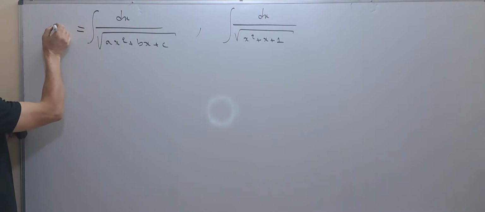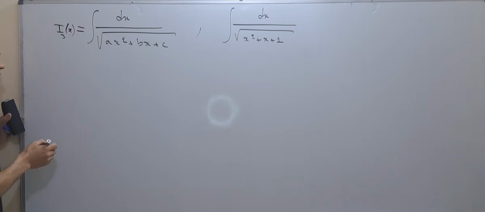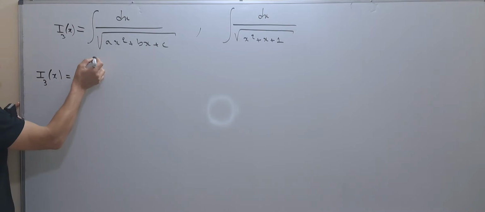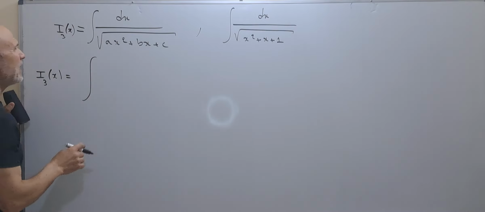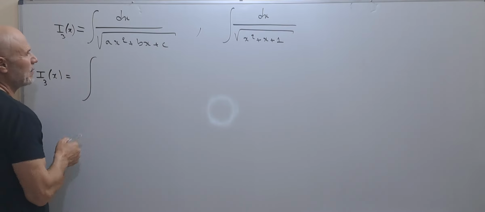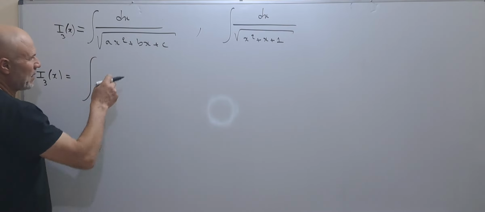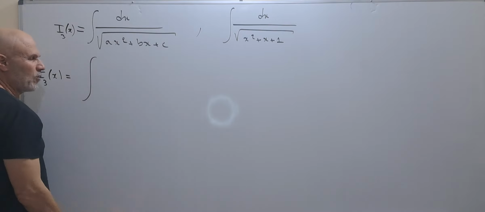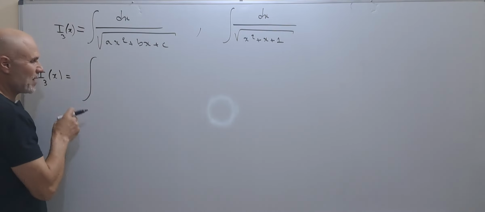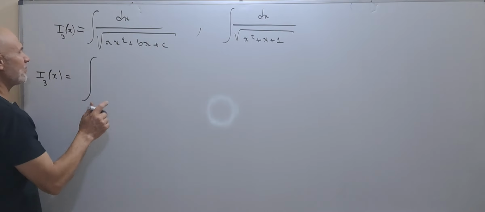We call this integral E3 of x. E3 of x is equal to the integral, where a, b, c are real numbers and a is different from 0. Otherwise, we get just the square root of bx plus c, which is very simple.